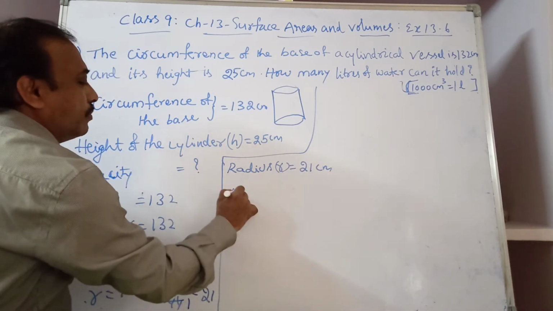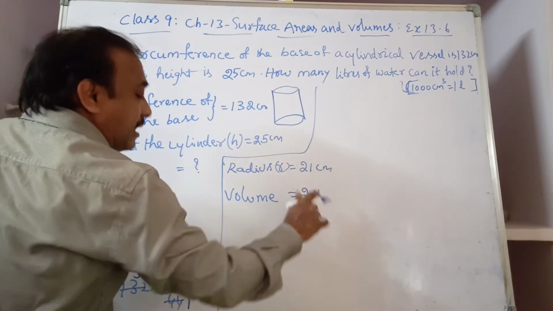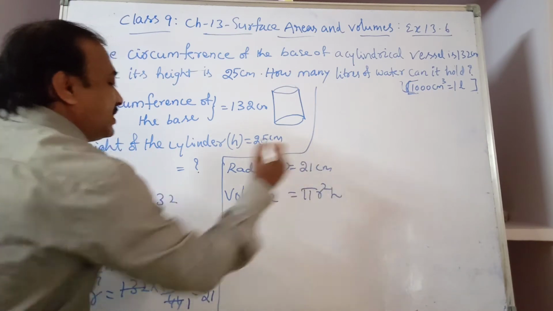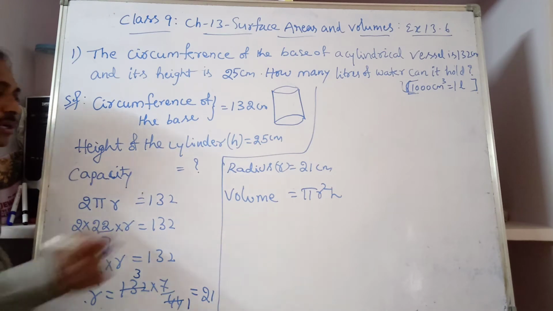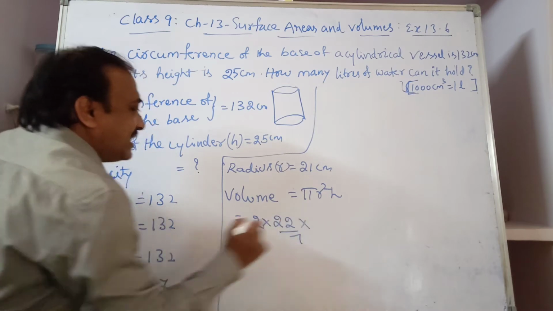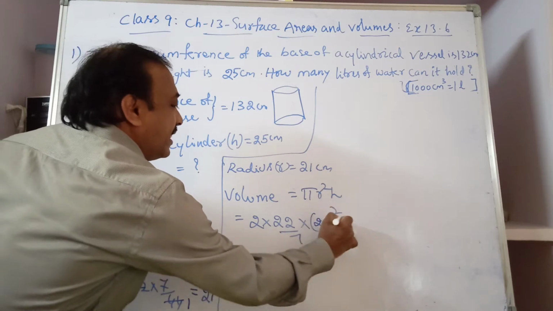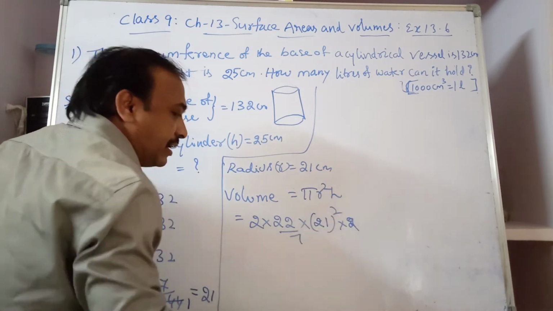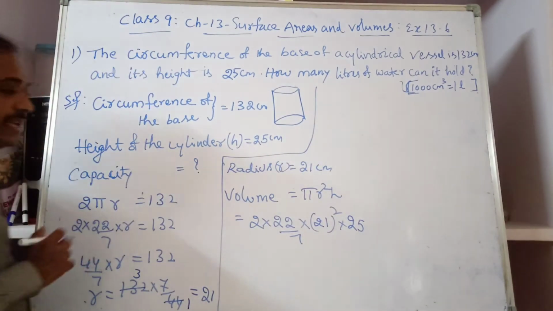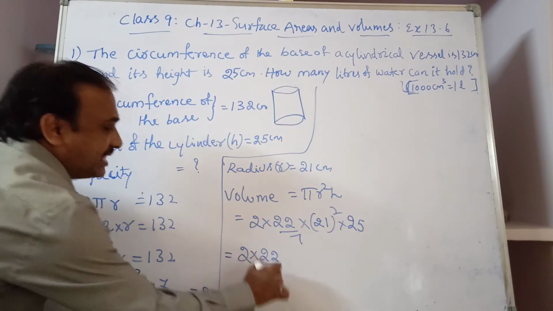Next, the volume of the cylinder. The volume of the cylinder is pi r square h, which is equal to 22 by 7 into radius square, and we got the radius as 21, so 21 square, into the height, which is given as 25.